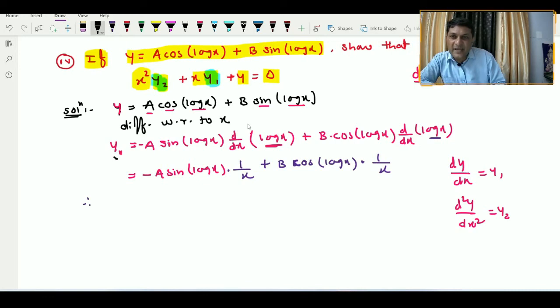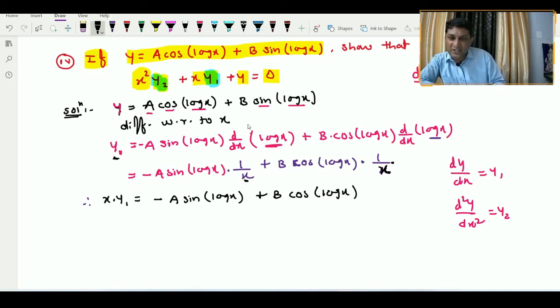If I multiply here by x, we will get x y1, and if I multiply the first term by x, this x will get cancelled, so minus a sine log x will be the remaining term, and if I multiply the second term by x, here x will get cancelled, and the remaining term is b cos log x.